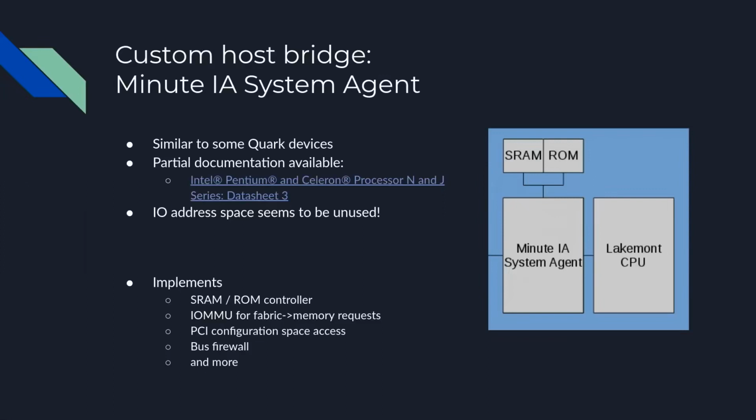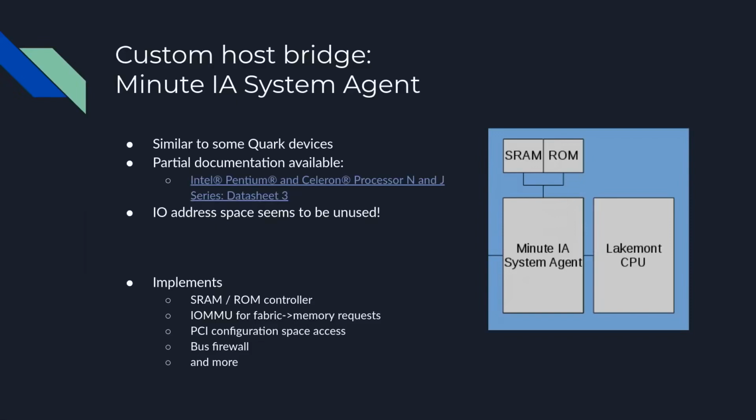The North bridge implements access to the ROM, RAM. It has an I/O MMU, which is only used for transactions coming from the rest of the system. And it's always initialized to, like you said, at least in the firmware I looked at, the inverse of the page table. So linear addresses can be used for memory mapped DMA.